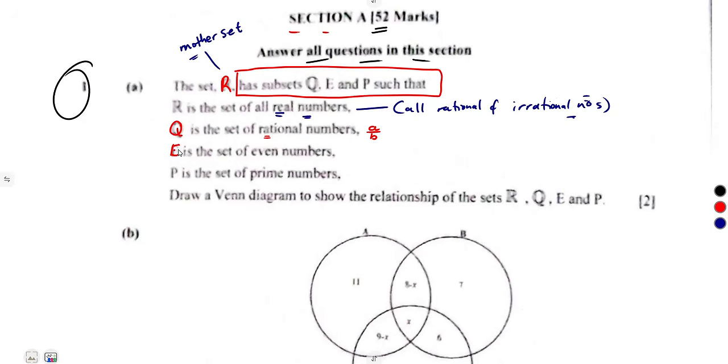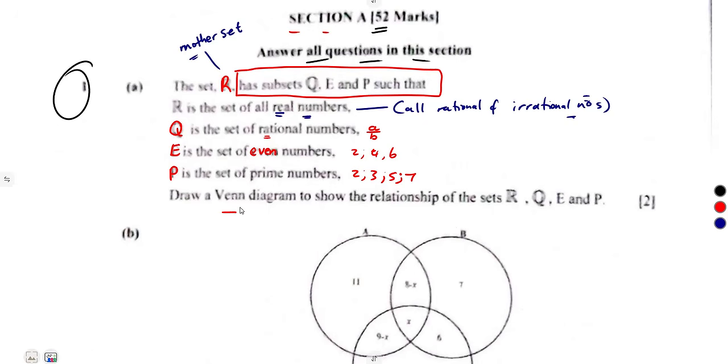Then E is the set of even numbers, such as 2, 4, 6, and so on. Then P is a set of prime numbers, 2, 3, 5, 7, divisible by 1 and itself. Those are prime numbers.